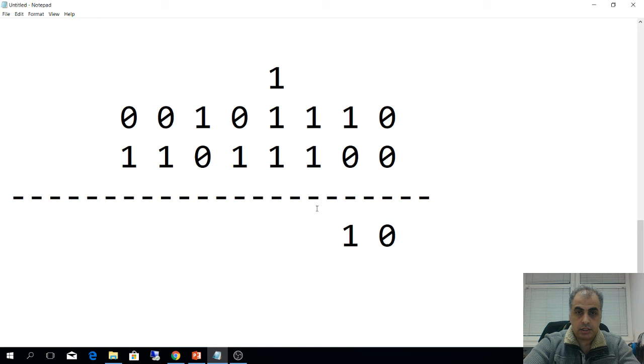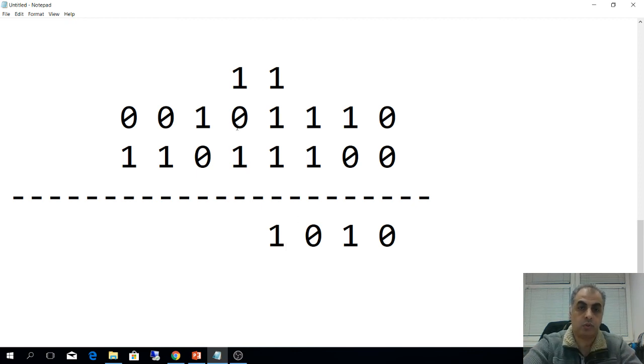So as a result we have 0 here. Okay, so now we are here. 1 plus 1 plus 1 is 3. From this 3 we are taking one package here. So the remainder is 1, because from 3 we took one package, put it on the right hand side, and then the result is 1.